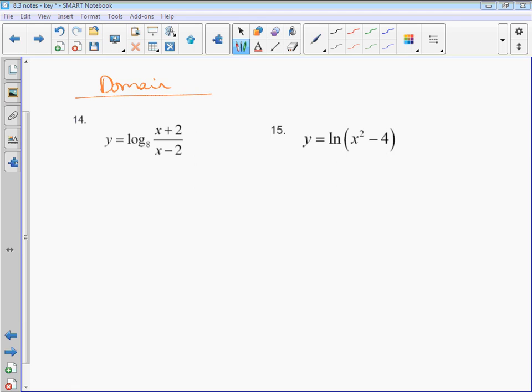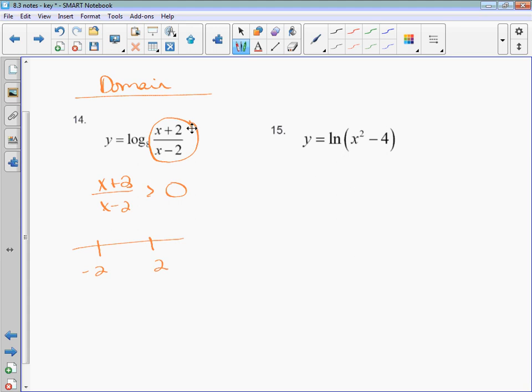Yes? Okay. So on 14, all I care about is this part. Oh, not equal 0. Greater than 0. Okay. I need a number line then. What goes on my number line? Negative 2 and 2.